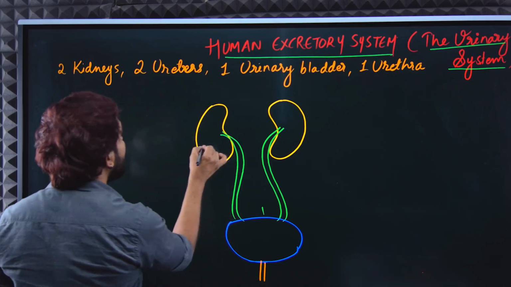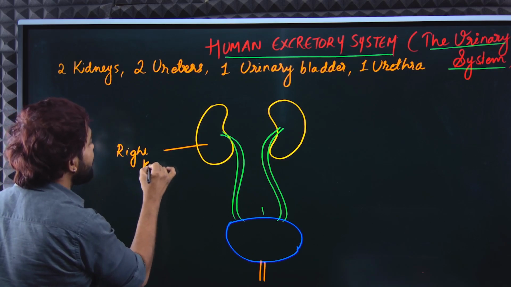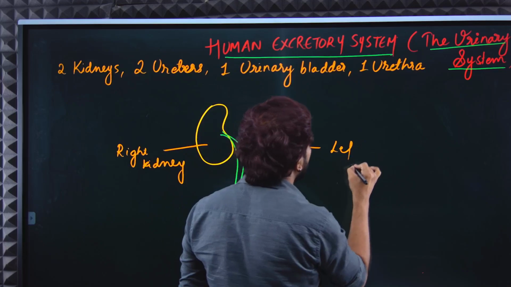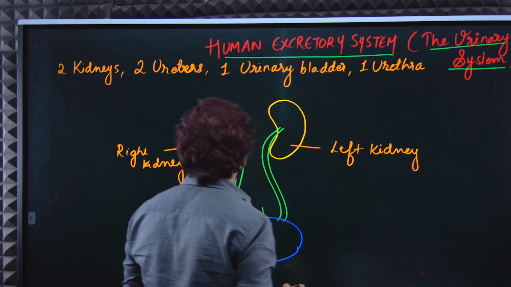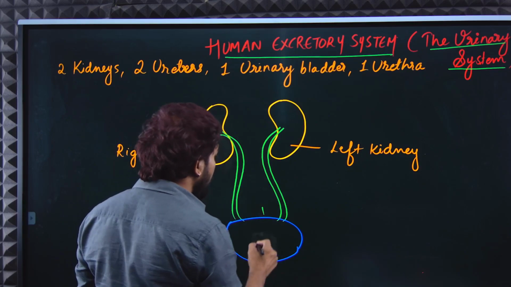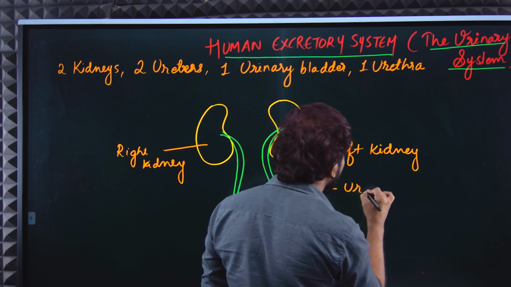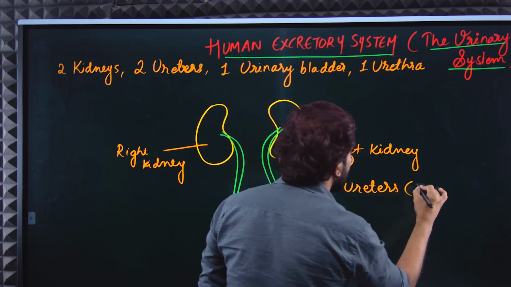Okay, so this one is the right kidney, and the other one is the left kidney. All right, so the second component, this one in the green, these are the ureters, also 2 in number.